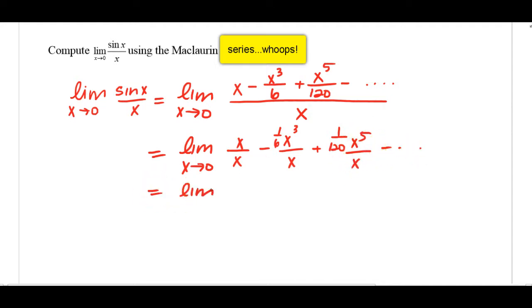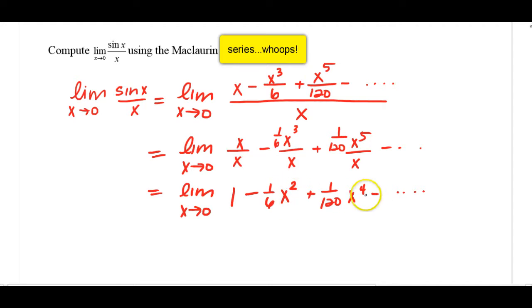So now this is the limit as x approaches 0 of 1, x over x is 1, minus 1/6 x squared. So the x cubed over x will reduce down to x squared, plus 1 over 120 x to the 4th, and so on. So now, as x approaches 0, we can use direct substitution.